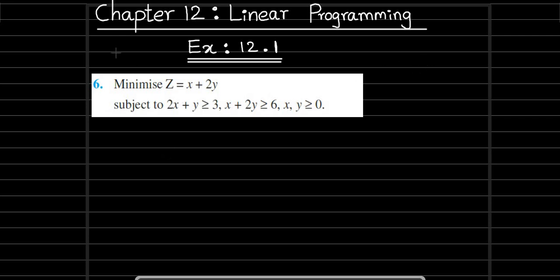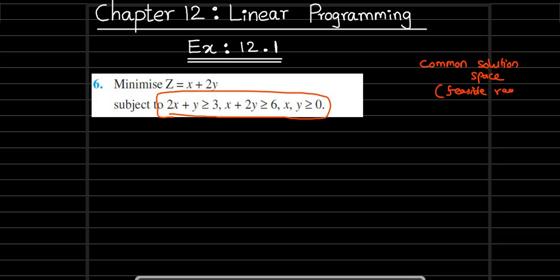Using the four inequalities, we need to identify the common solution space. Technically, we call it a feasible region. This term we will use here.